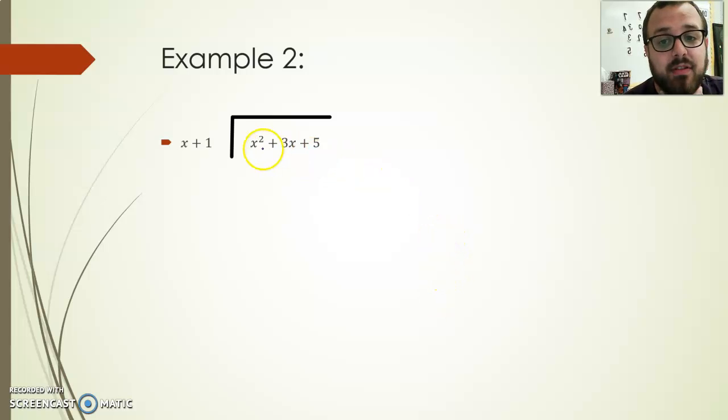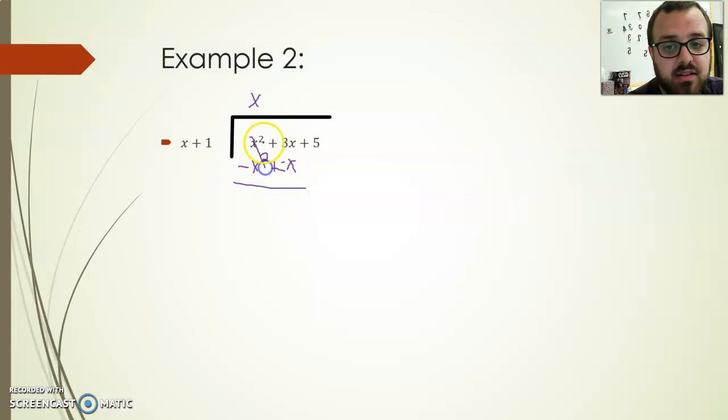Let's do another one together here. Here, I'm going to divide these two polynomials. Again, what do I multiply x by to get x squared? In this case, that would be x. x times x, I'm going to get x squared plus x. Let's change all the signs. Minus, minus. These will cancel. 3 minus 1 is going to be 2x. Bring down the plus 5. Okay, so once again, what can I multiply x by to get 2x?